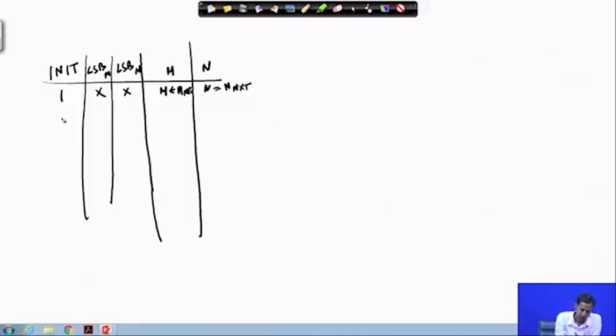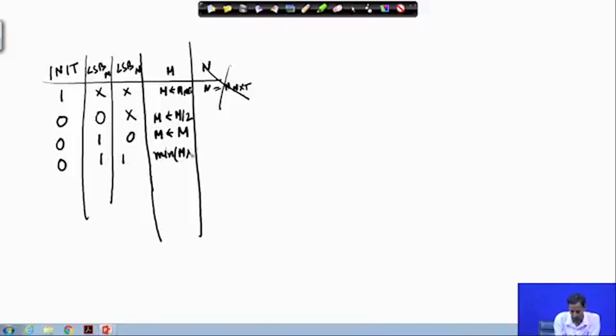If this is 0, whatever the value is for the LSB, m equals m by 2. Sorry, you do not consider n now, I am calculating only for m. So, for 0, if this is 1 and this is 0, at that time m equals m. For 0, 1 and 1, this is the minimum of m and n.